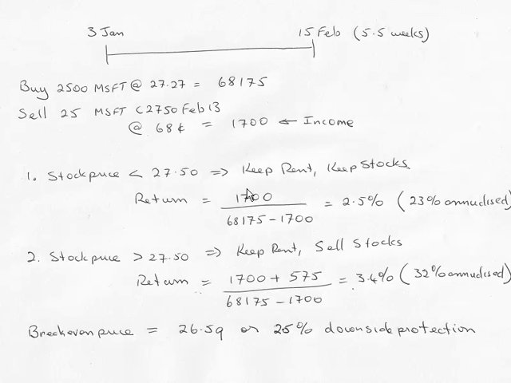Remember, we bought the shares at $27.27 and we'll sell them at $27.50, which gives us $575 additional profit, and then we divide that by the $68,175 minus $1,700 to give us a 3.4% return, or 32% annualized return. You need to exclude brokerage from that, of course, though, as well.